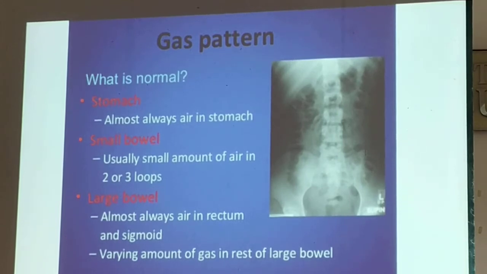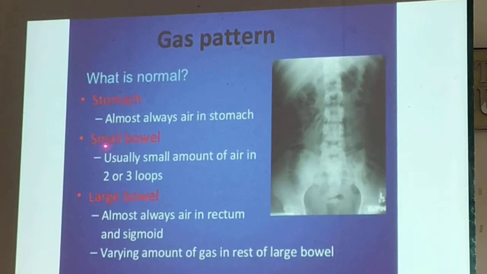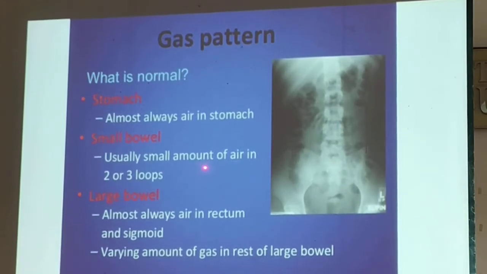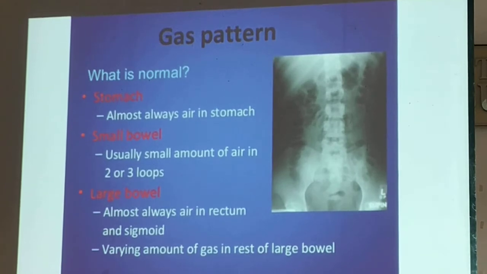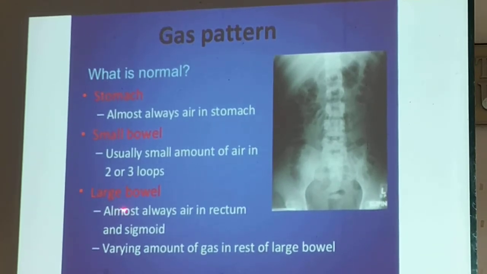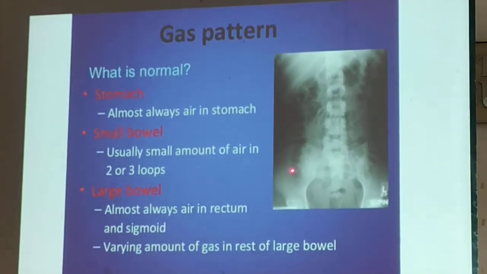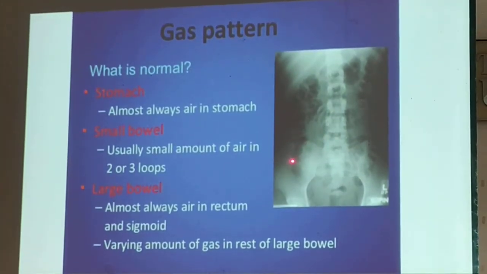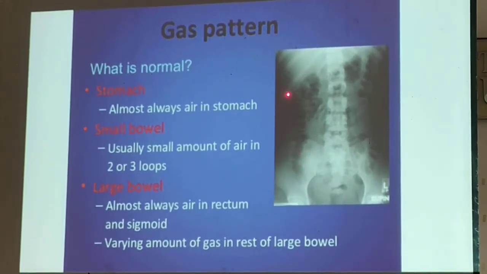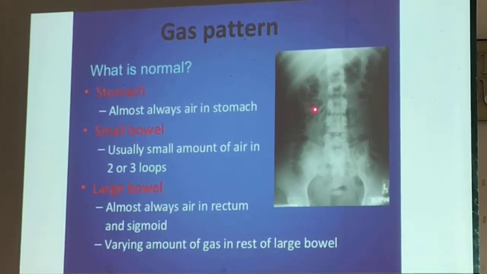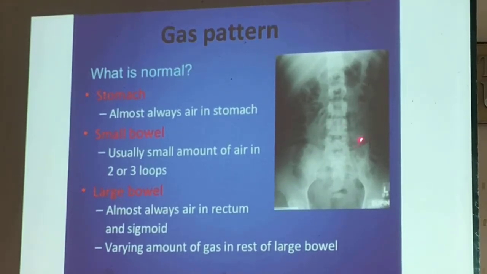Okay? And then here, usually small bowel, small amount of air. So air usually is more in the large bowel. Okay, so you would see here, this is your cecum, this would be your ascending colon, and then biglang bumaba, that would be your transverse colon. Nagsasag yung transverse colon.